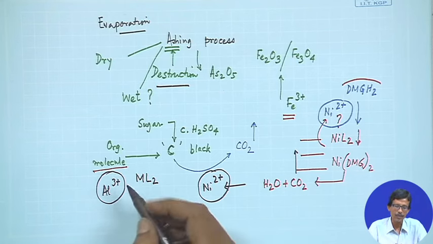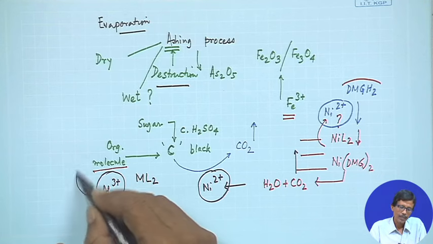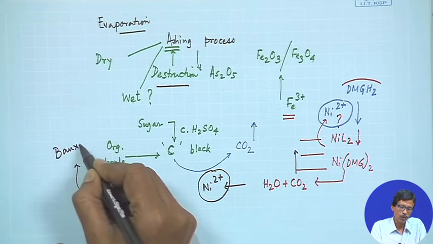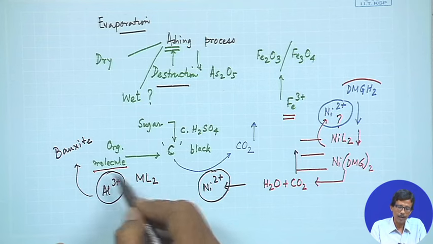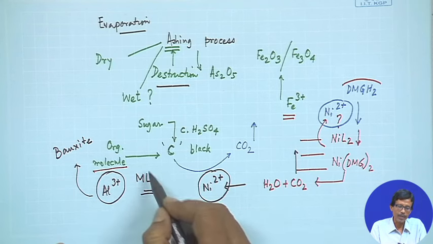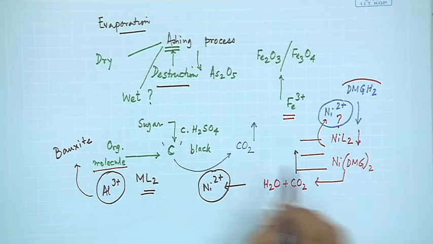This is how we can get it from, say, an aluminum ore, bauxite. We can get aluminum 3+, which can be complexed with some ligand, and again we can get back the aluminum 3+ from this complex. Okay, thank you very much.